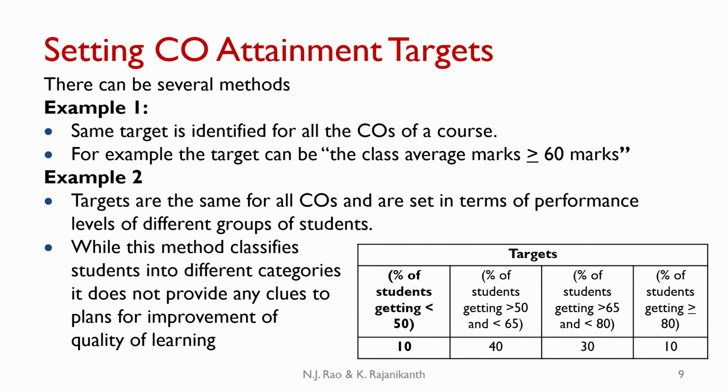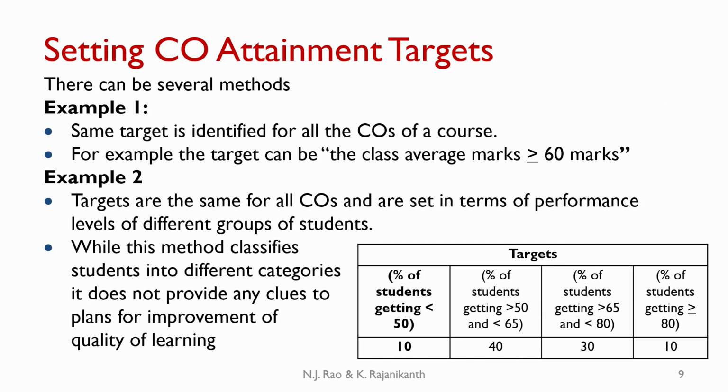That means the class is now divided into different performance groups, and we are setting targets for different performance levels. While this method classifies students into different categories, it does not provide any clue to plan for improvement of quality of learning.